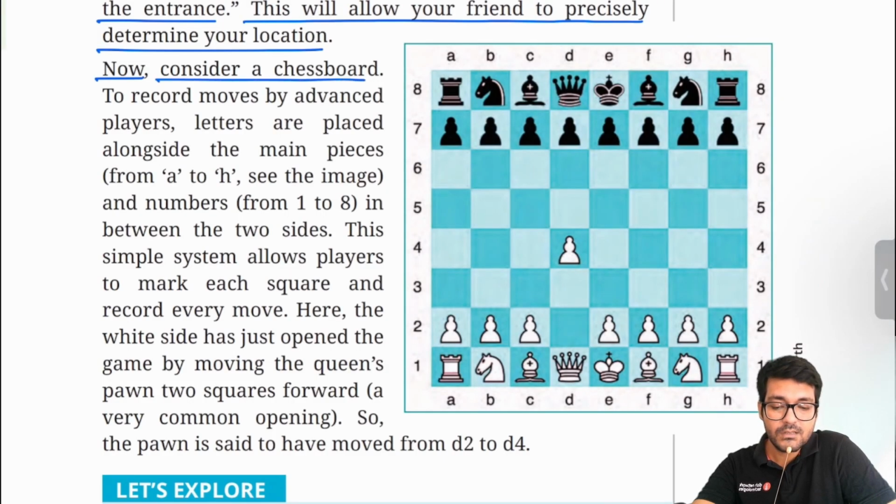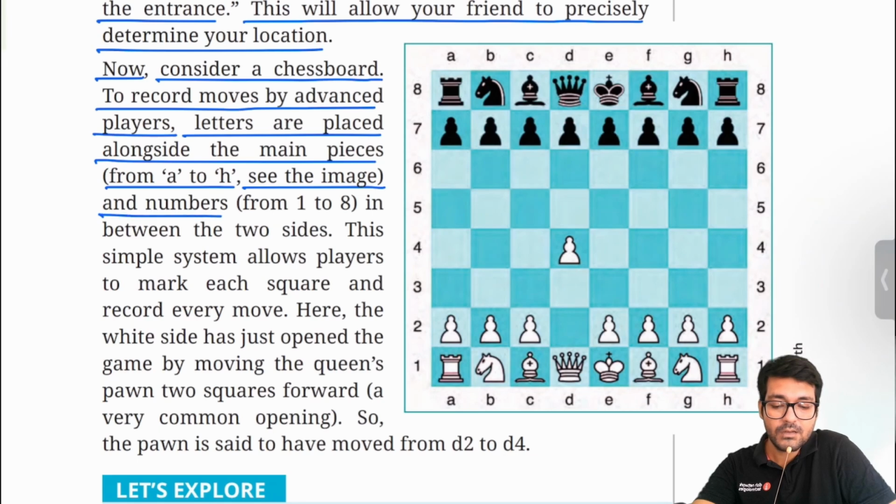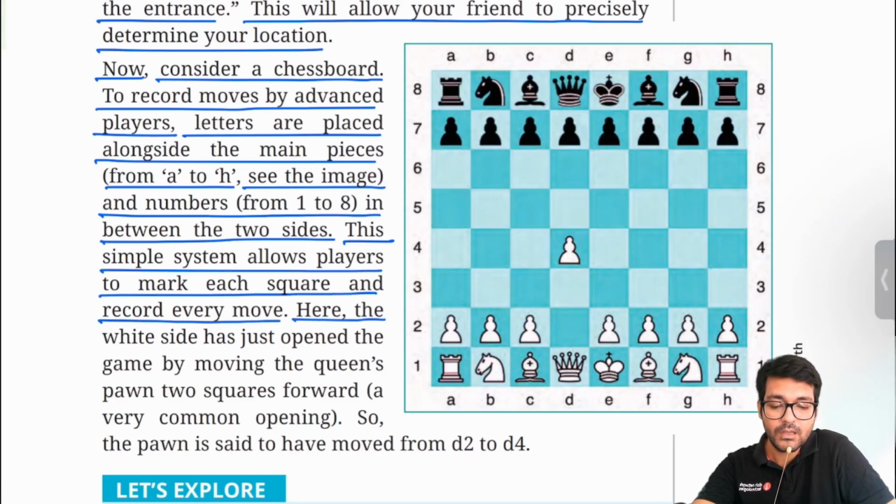Now, consider a chessboard. To record moves by advanced players, letters from A to H are placed alongside the main pieces, see the image, and numbers from 1 to 8 in between the two sides. This simple system allows players to mark each square and record every move. Here, the white side has just opened the game by moving the queen's pawn 2 squares forward, a very common opening.